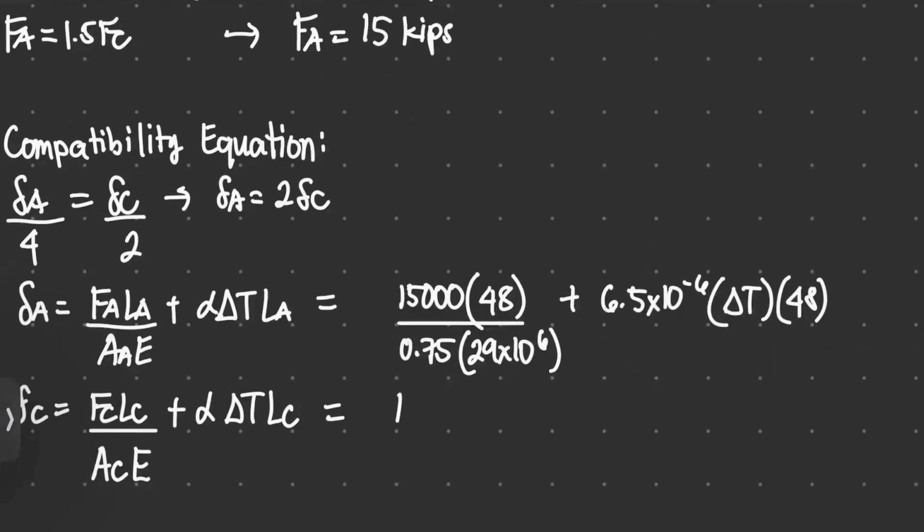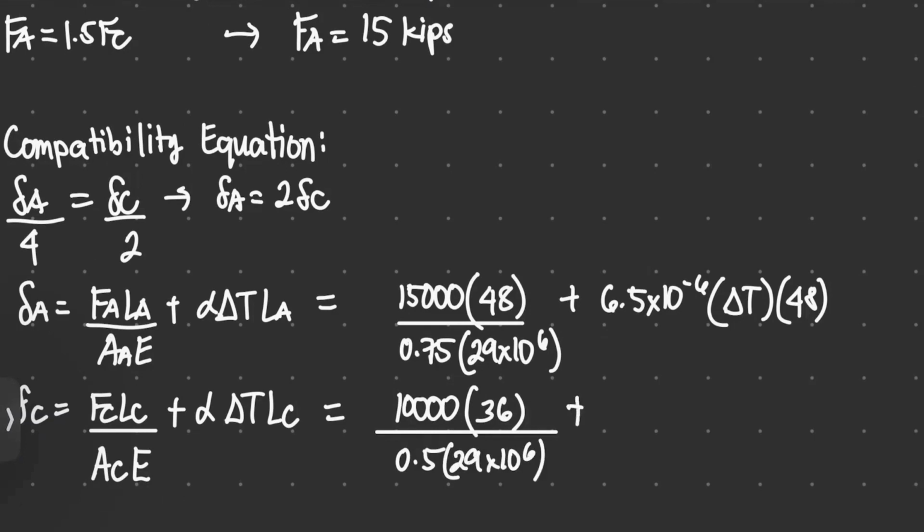On the other hand, here it's just 10,000 times 36 over 0.5 times 29 times 10 to the 6, plus 6.5 times 10 to the negative 6 times change in temperature times 36.